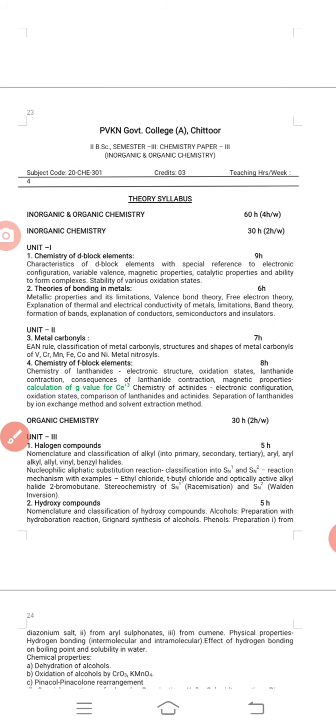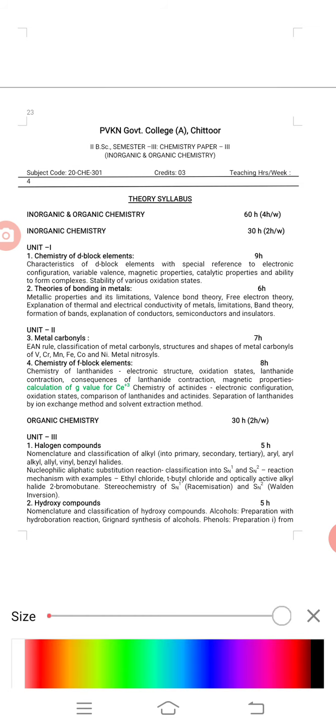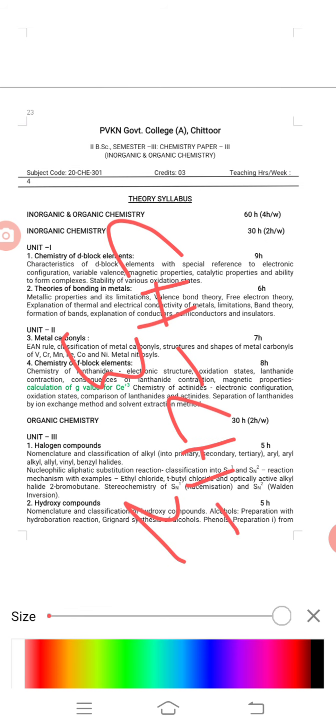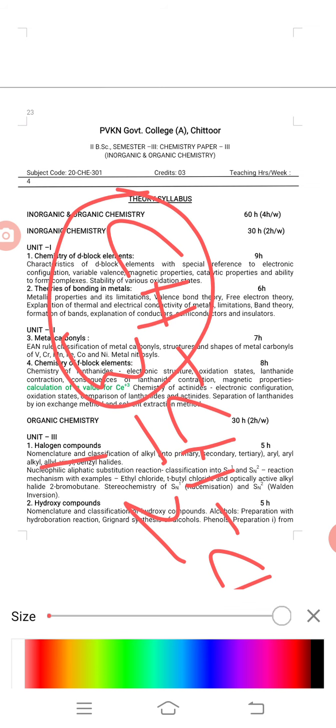Now an example of primary: CH3CH2Cl. This carbon is bonded with one carbon, so it is primary.